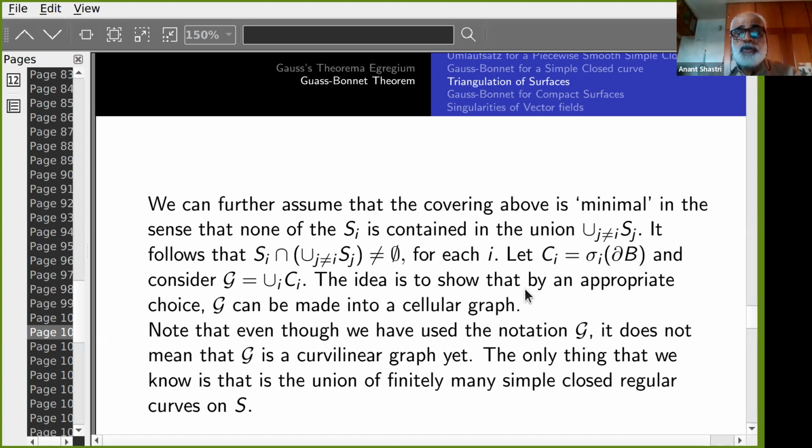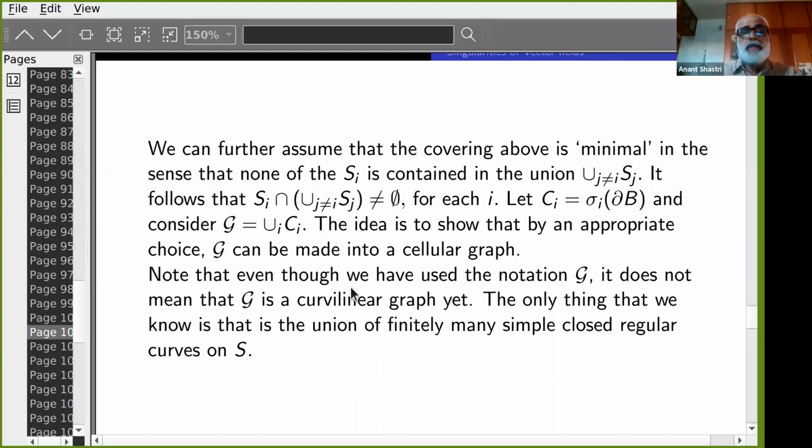So the idea is to show that by an appropriate choice, G can be made into a cellular graph. Note that even though we have used the notation G, it does not mean that G is a curvilinear graph yet. We have to make it. The only thing that we know is that the union of finitely many simple closed curves on S makes this G.